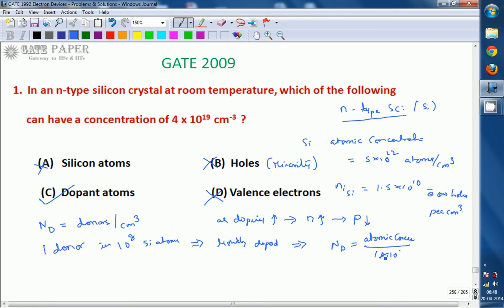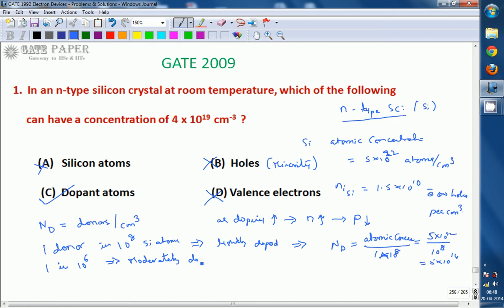The total atomic concentration is 5 into 10 power 22, and you add one donor for every 10 power 8 silicon atoms, so the number of donors is 5 into 10 power 22 divided by 10 power 8, which is 5 into 10 power 14. If it is one donor in 10 power 6, it is called moderately doped.